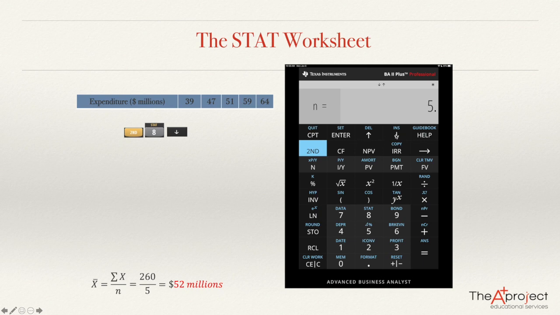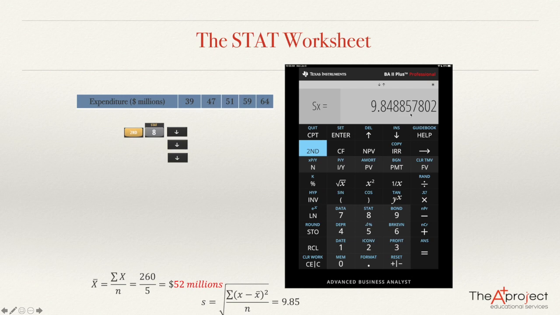Then just continue scrolling down to see the other answers. Press the arrow key down, and you see the mean. The mean of this data is 52. We already computed it by hand, and it was 52. I continue scrolling down, and I see the standard deviation, which is 9.84.